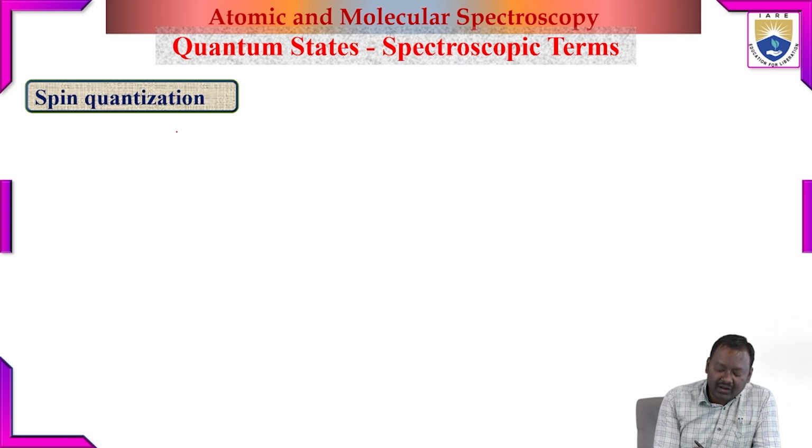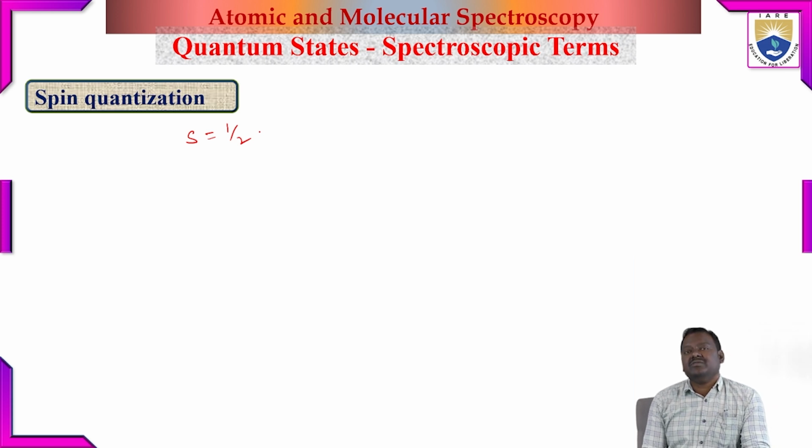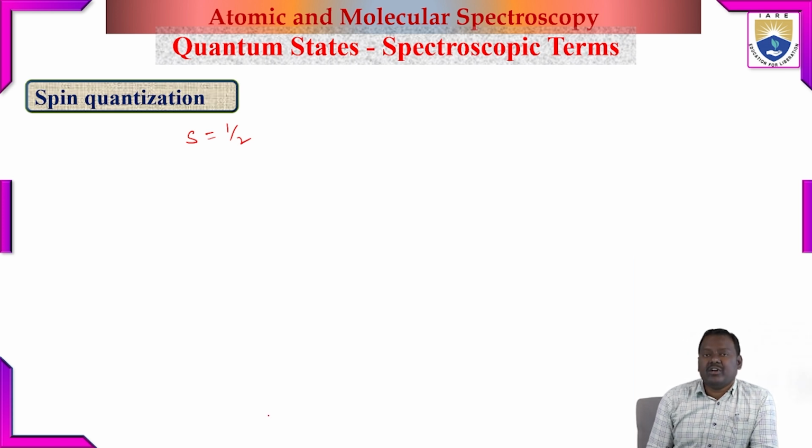Spin also can have two values in general. So it is also represented by a spin quantum number, S. S can have two values. Generally, S is always 1 by 2.